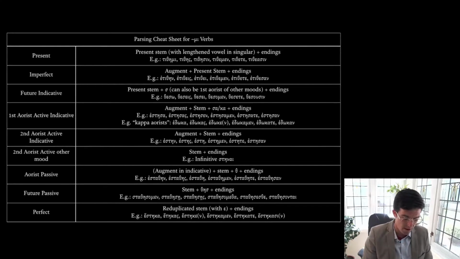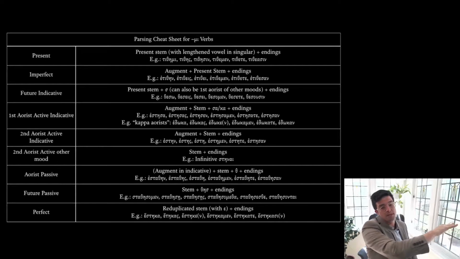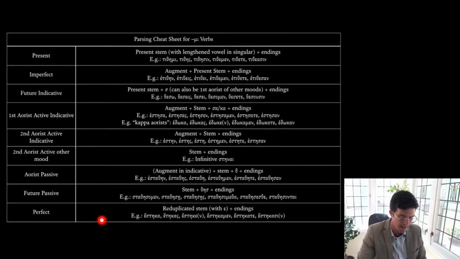But the big thing to note is that the present stem and the imperfect stem are different from one another. And then the aorist will often form, as we see here, a kappa aorist with a kappa alpha.